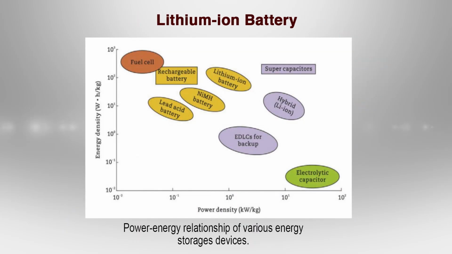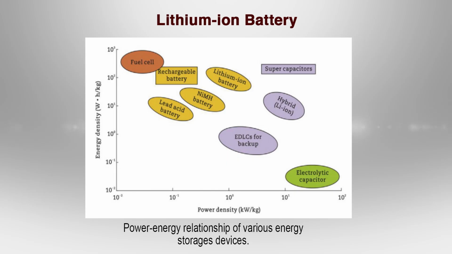So why are lithium ion batteries more popular? As you can see in this particular picture, the power energy relationship for various energy storage devices is compared, and with respect to cost, compactness and other considerations, the lithium ion battery is more preferable over other types of battery.